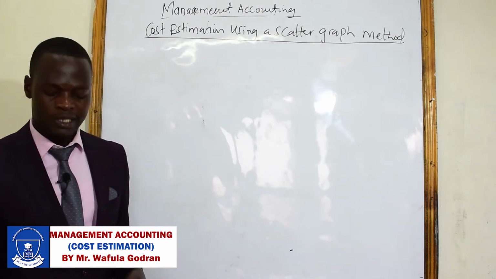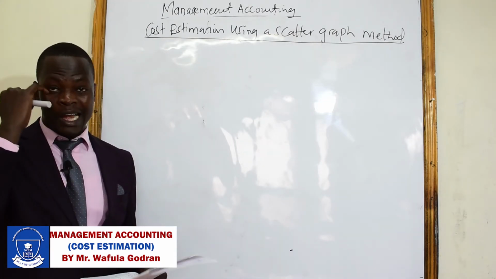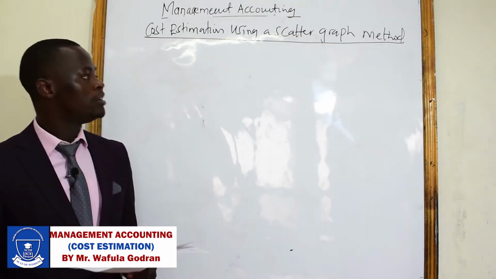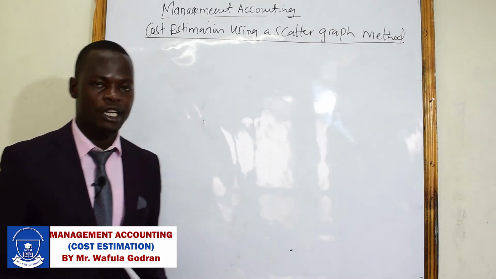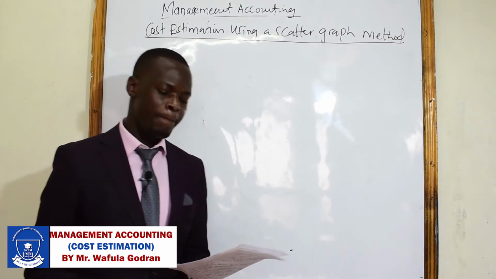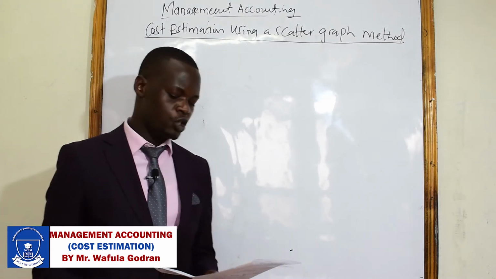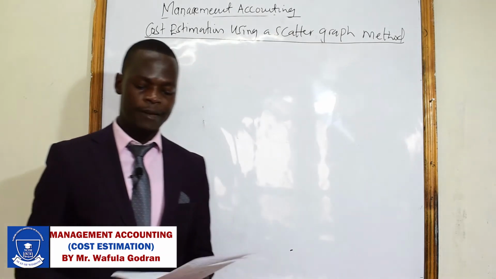After we have constructed this graph, we can visually observe the relationship between x and y on it. By observation and inspection, we are able to identify the relationship between x and y.